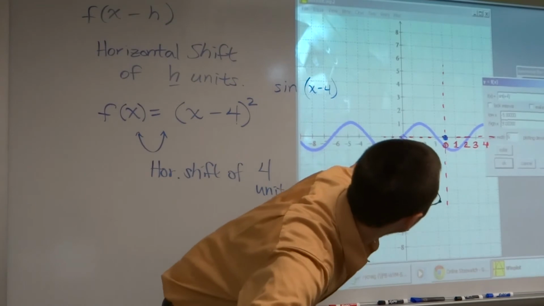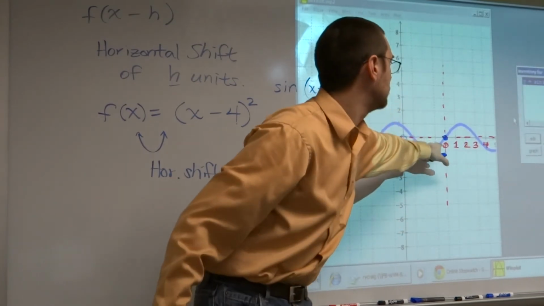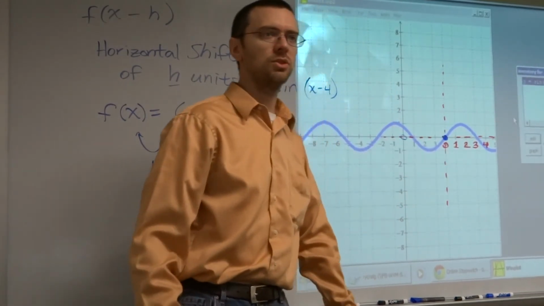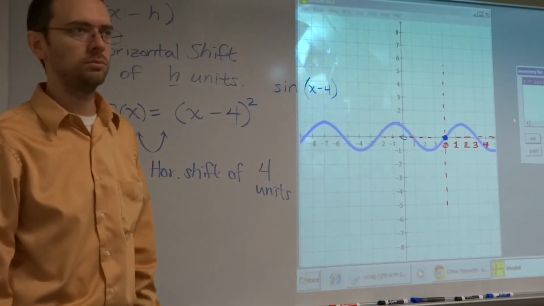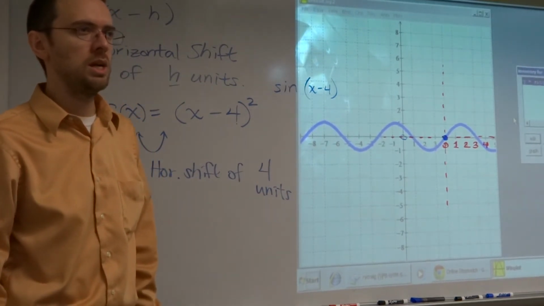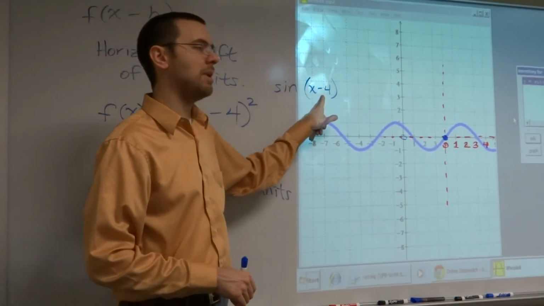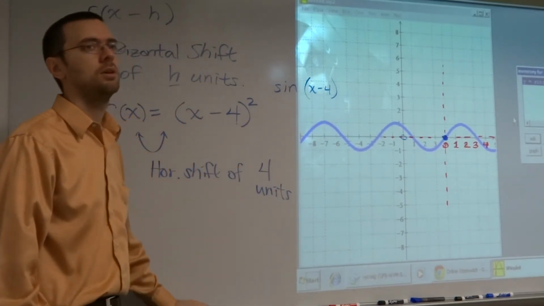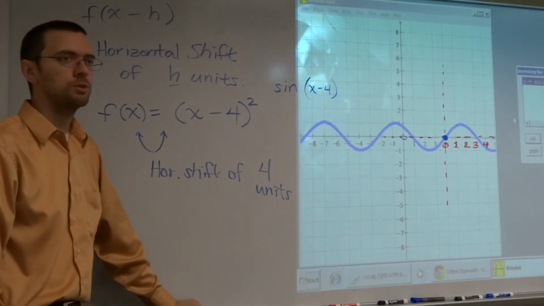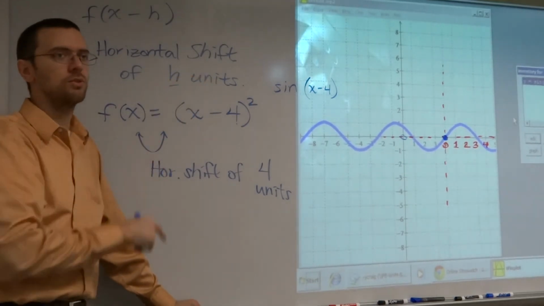This guy's going to shift to the right. That same shape, just shift it to the right for him. Okay. It doesn't matter the shape. When I've got the -4 inside of that main part of the function, then that's going to be shifted to the right 4 units.